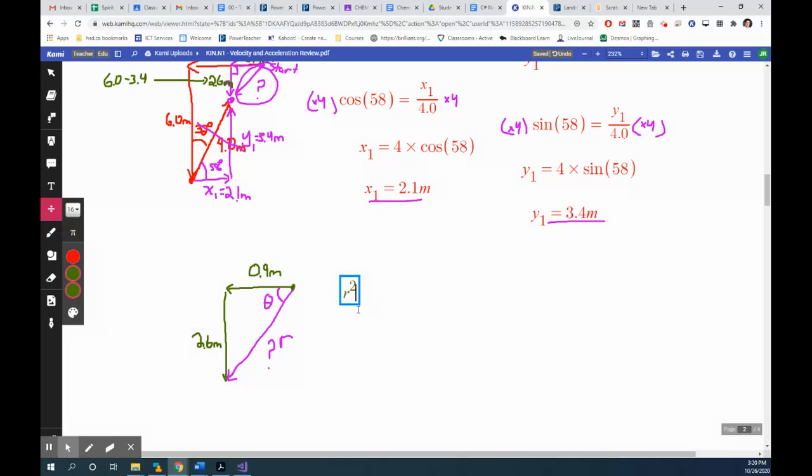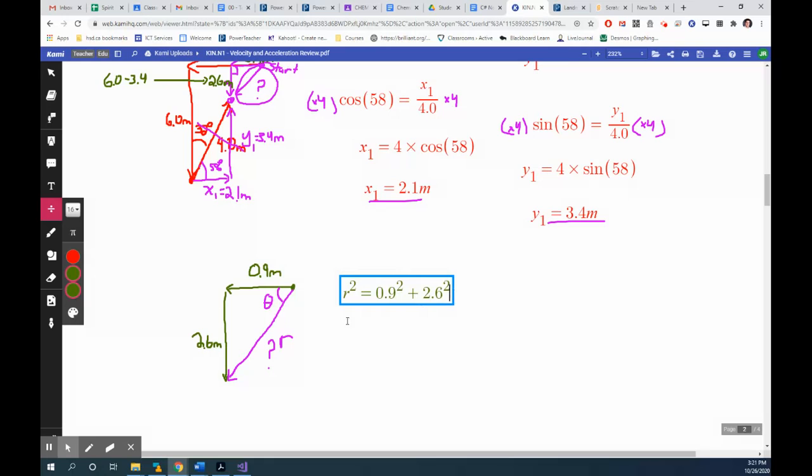R squared equals 0.9 squared plus 2.6 squared. Now, why are we doing this? It's because a squared plus b squared equals c squared. So I'm treating r squared like the c squared, right? So this r squared equals a squared plus b squared, 0.9 squared and 2.6 squared.